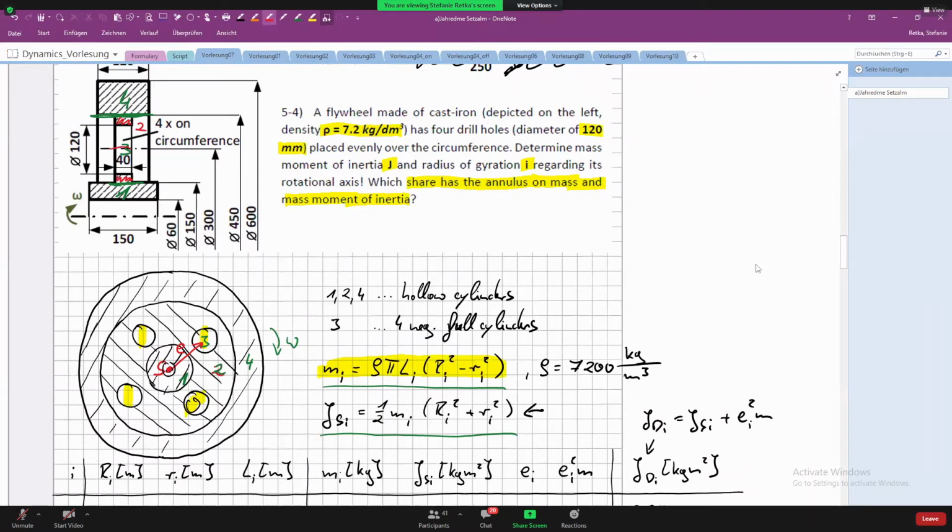This is the center of the drill hole, and this would be the distance E. Given is the diameter, 300 millimeters. So we have to convert from millimeter to meter, and divide by 2 to obtain the radius from the diameter. Okay, thank you. So this is 300, and half of it would be 150 millimeter.